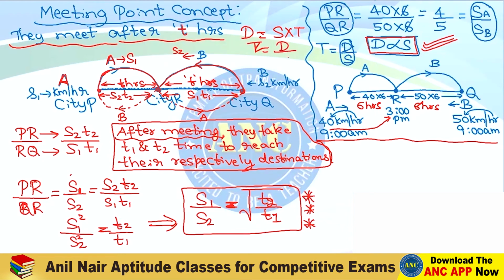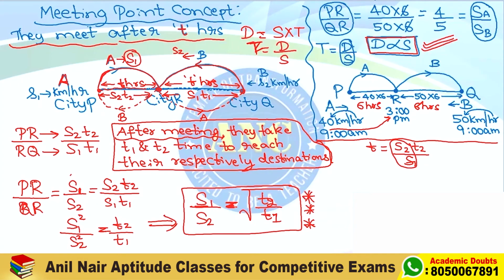Can I say that the time taken from P to R, which I will call a small letter t, is the distance traveled from P to R by A, which is nothing but S2 into T2, divided by the speed at which A is traveling from P to R, which is S1. So T is nothing but S2 by S1 into T2. We can easily calculate this S2 by S1.